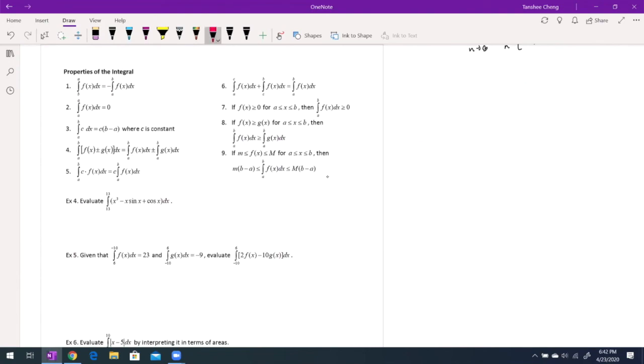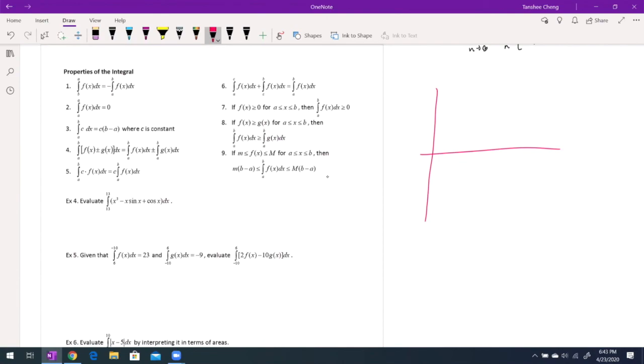And then after that, it's more of the inequality form. If the function value is always greater than 0 on the interval a to b, then the value of the definite integral will also be greater than 0. That's something I pointed out in the beginning of 4.2.